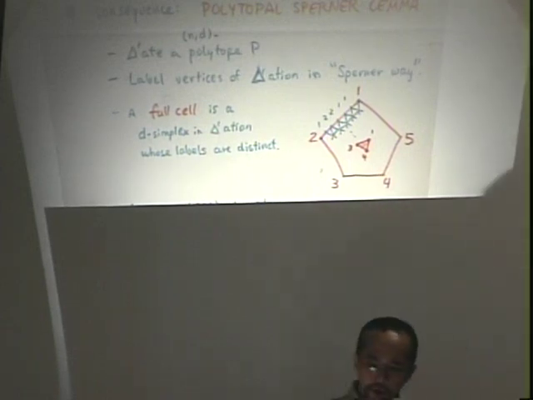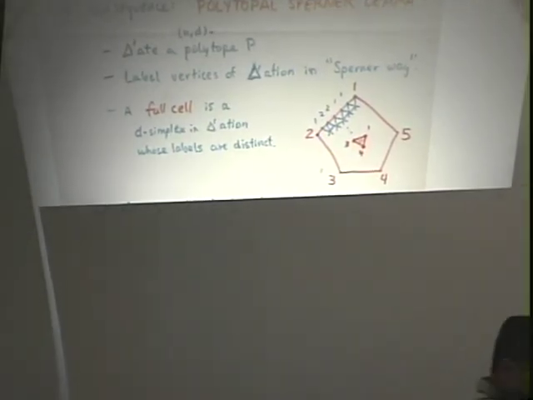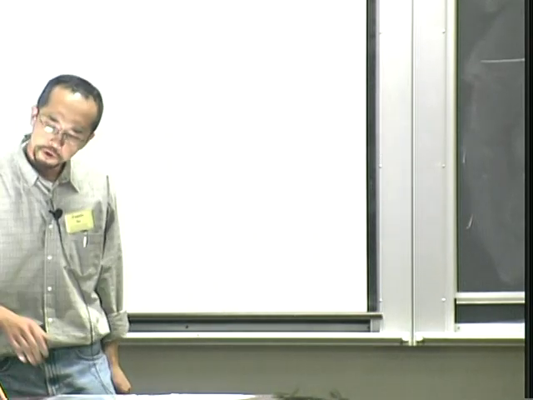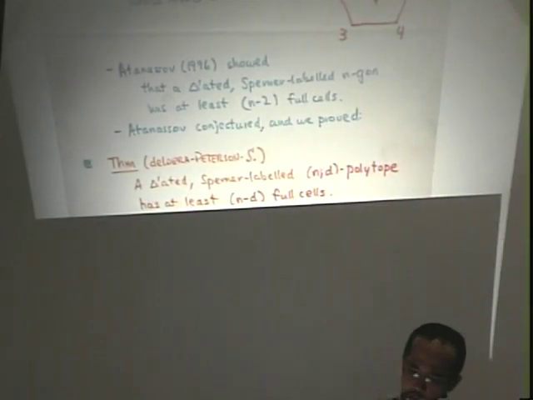And what we're looking for here are what are called full cells, that is, simplices in the triangulation with all different labels. And in this paper with Jesus and Elisha Peterson, we were able to show that this pebbling set argument actually gives a lower bound for the number of these full cells.